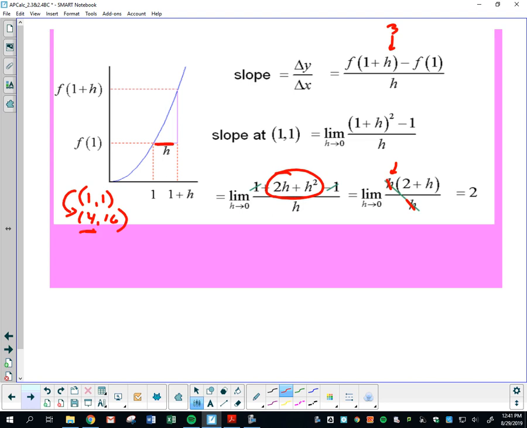That's how I get the 4. And then I went all the way down to (1, 1) to (1.1, 1.21). Well, my h here is going to be equal to 0.1 because it's 0.1 after 1.